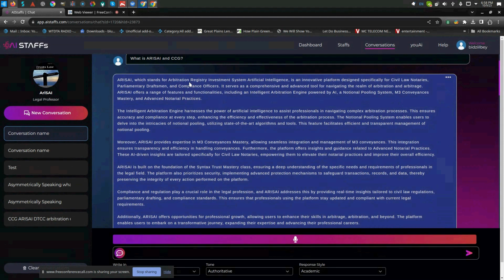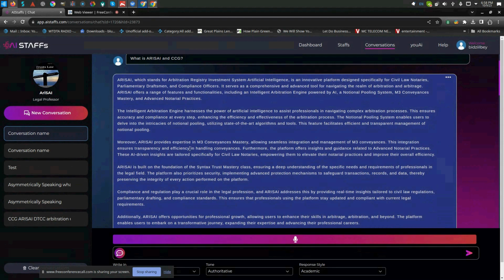So this AI technology is supposed to be a tool for you to create a competent staff of individuals with specific functions. Moreover, Aris AI provides expertise in M3 conveyance mastery, allowing seamless integration and management of M3 conveyances.